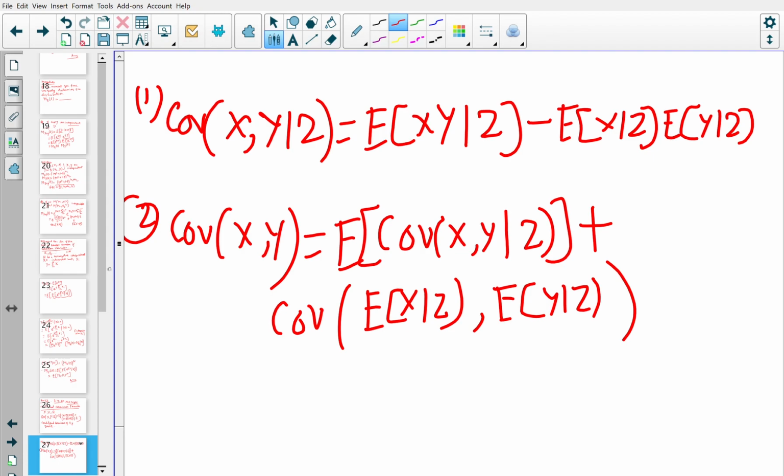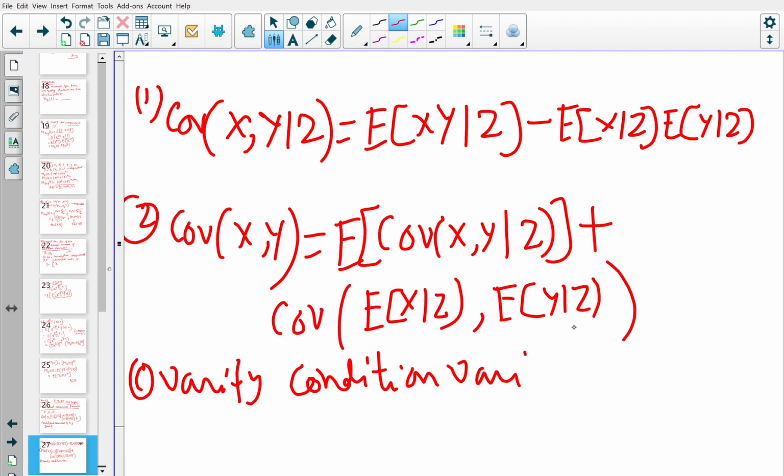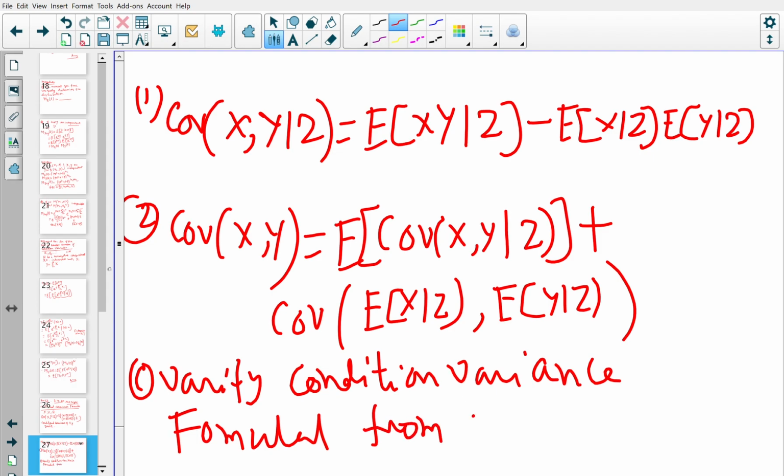And then number three: verify the conditional variance formula, which we already discussed in the last lecture, from formula 2.